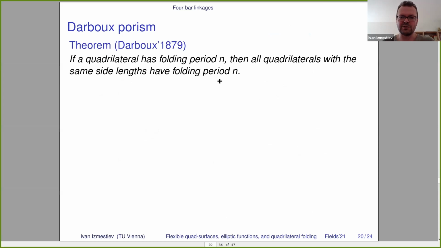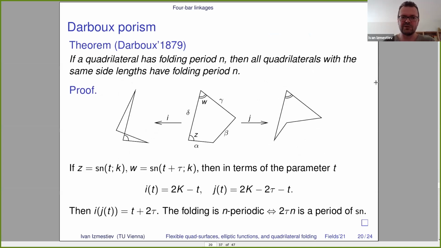And I want to say that after what I presented in the first half of the talk, the proof is easy. So let us look at this picture again. This is a quadrilateral with side lengths alpha, beta, gamma, delta. Never mind if it is a spherical quadrilateral or a Euclidean one, everything works the same.